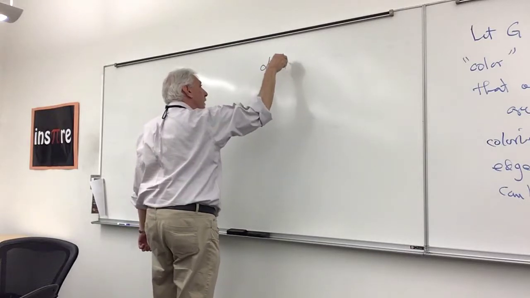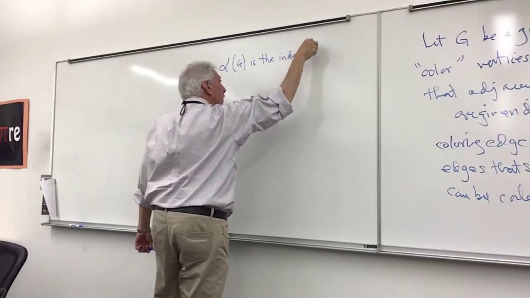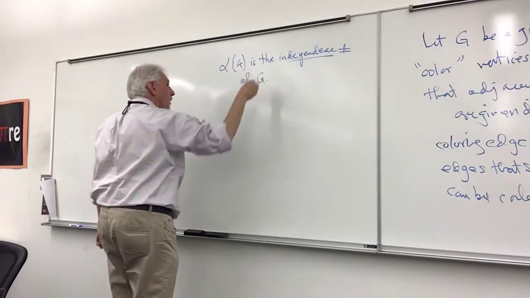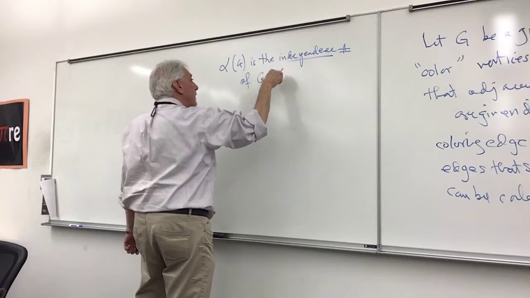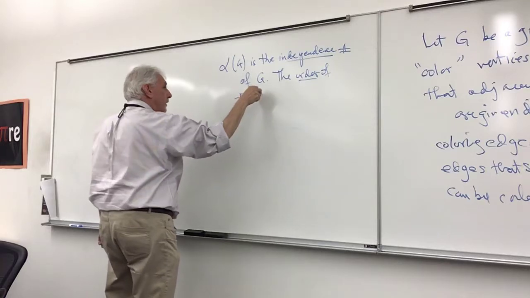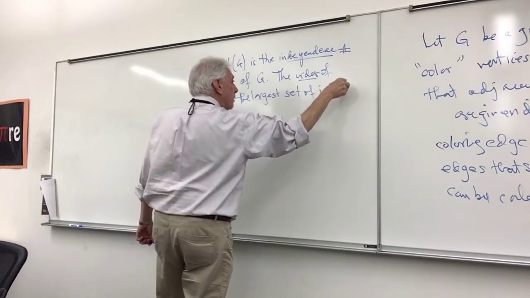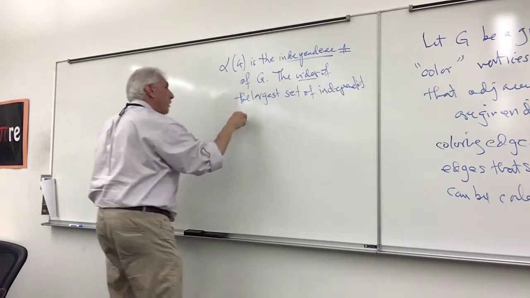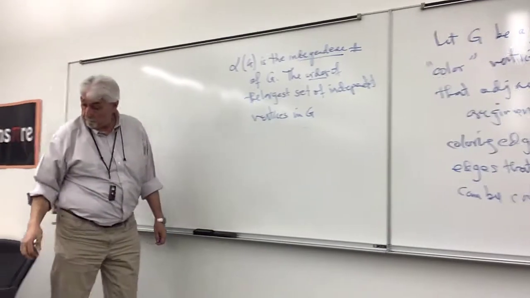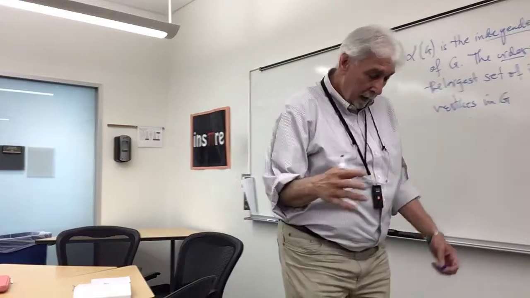Alpha of G is the independence number of G, and it's also the order of the largest set of independent vertices in G. Okay, call that the independence number.